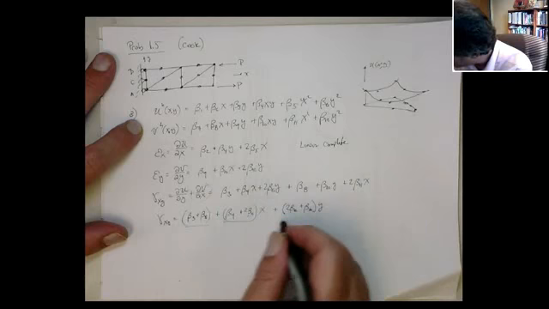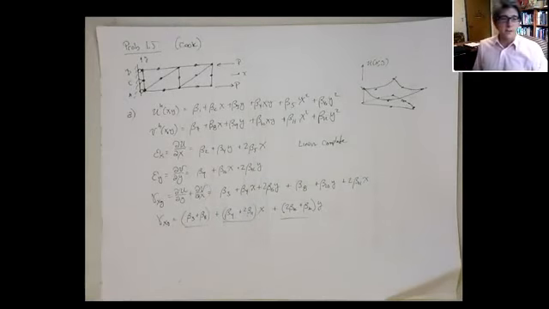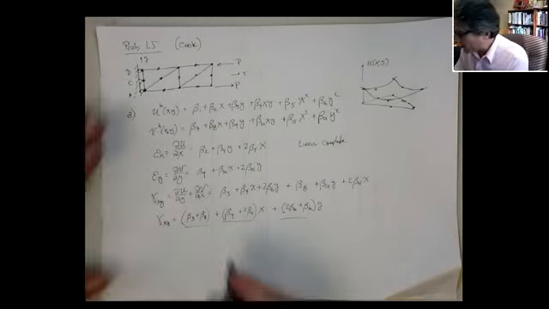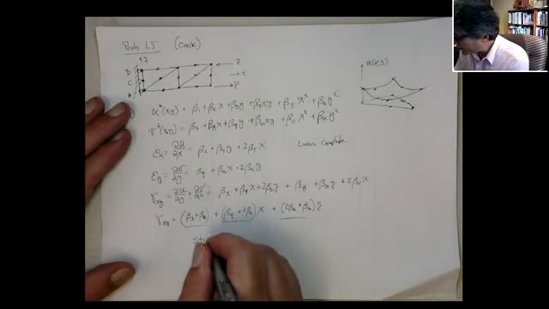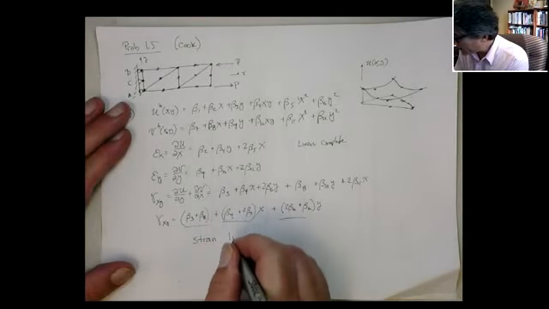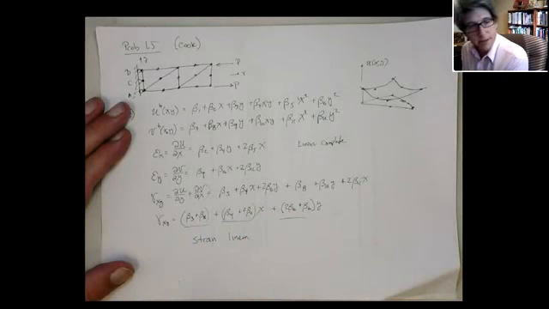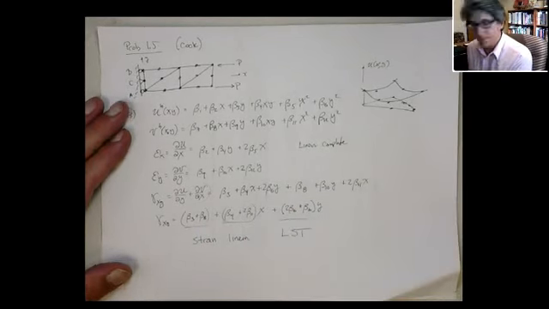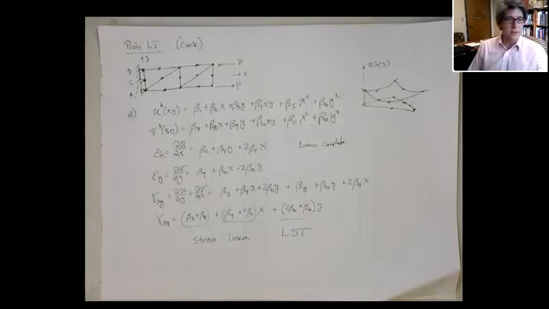And here again, linearly complete because we have constant, linear in x and y terms. Okay? So for part A, this shows that the strain field is linear in x and y. So there goes the linear strain triangle, the LST element as opposed to the constant strain triangle. Okay?